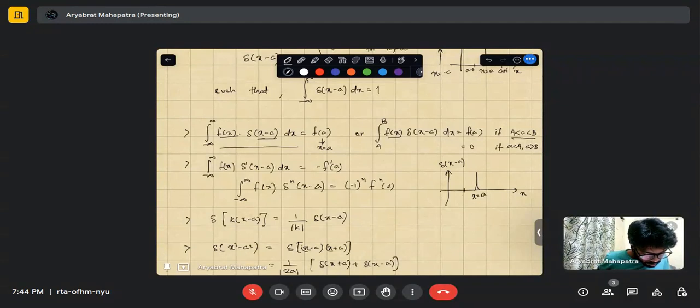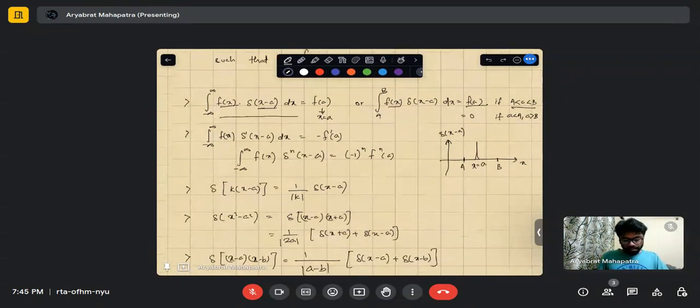If my limits lie such that a is less than x equals a and b is greater than x equals a, then only can I have a non-zero value of this integral. If my limits were outside, with both a and b on the same side of the peak, then I will have zero, with no contribution to this integral. That is the important point about these delta function integrals.